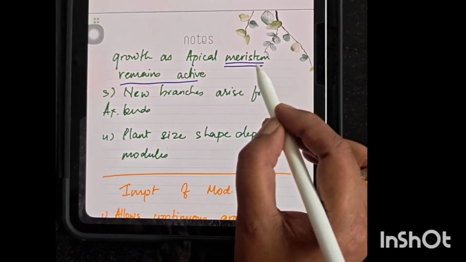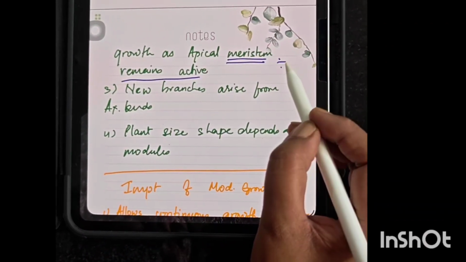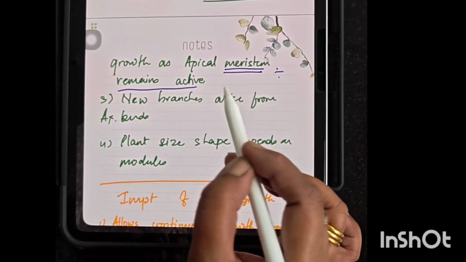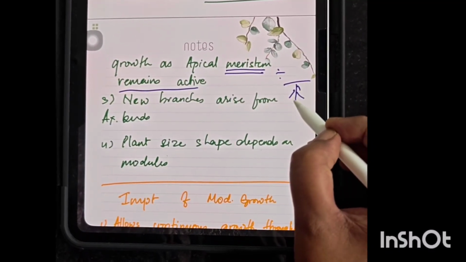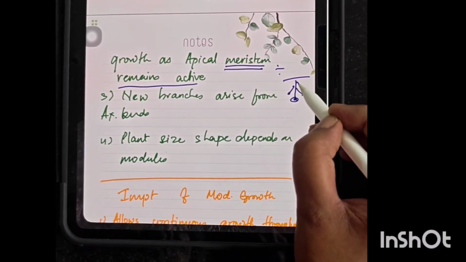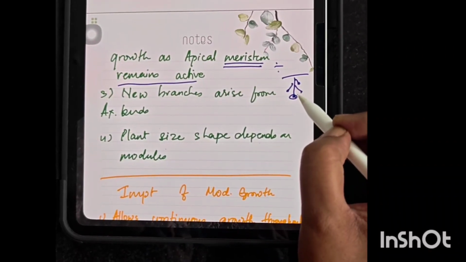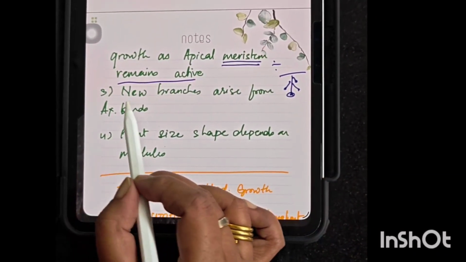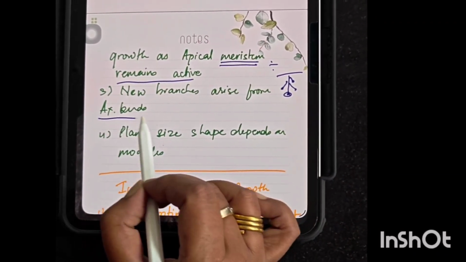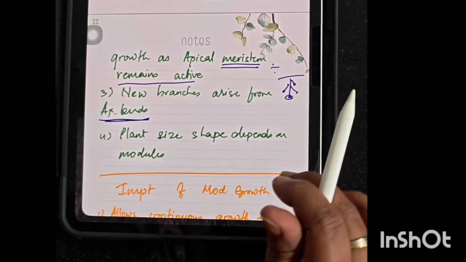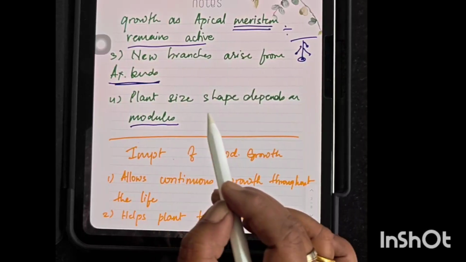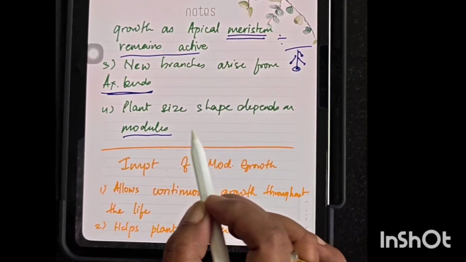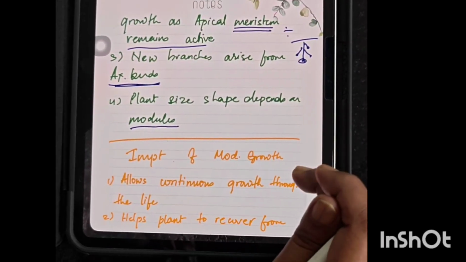They are nothing but cells that divide, so they always remain active. You will also find the same meristematic cells in the root tips, so there is continuous growth in the root also. Third, new branches arise from the axillary bud, and fourth, the plant size and shape depend on these modules. The more the number of modules, the bigger the size of the plant.